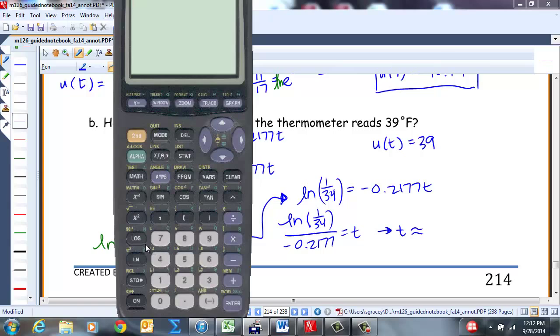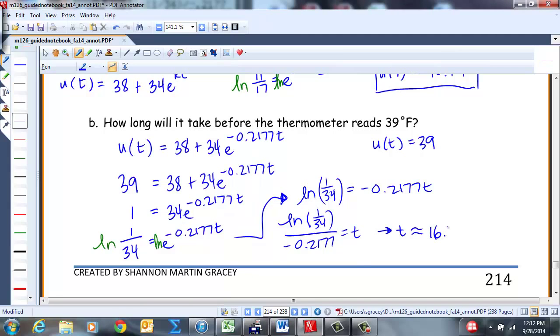So we have natural log of 1 divided by 34, divided by negative 0.2177. Enter. So in about 16.2 minutes, the thermometer will have a temperature of 39 degrees.